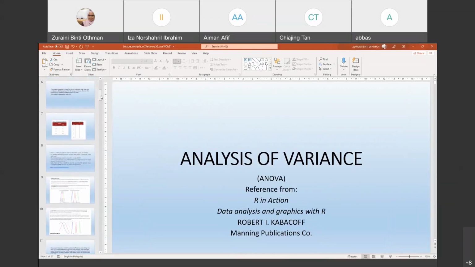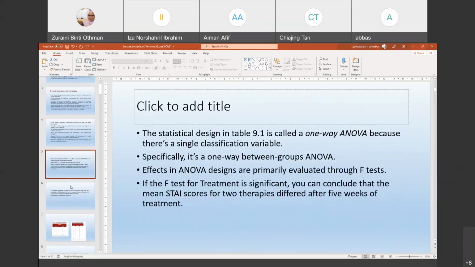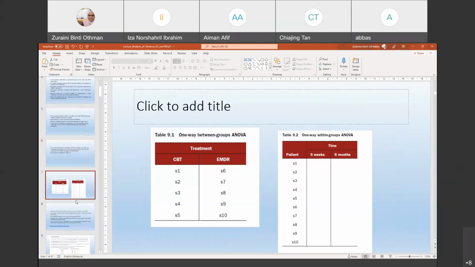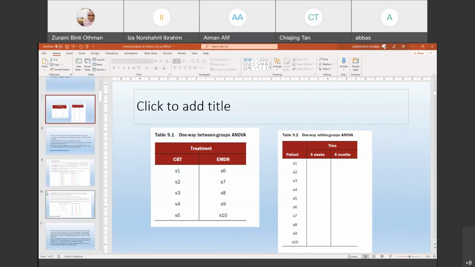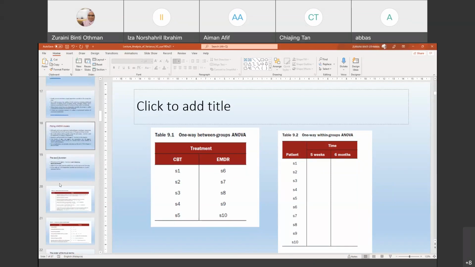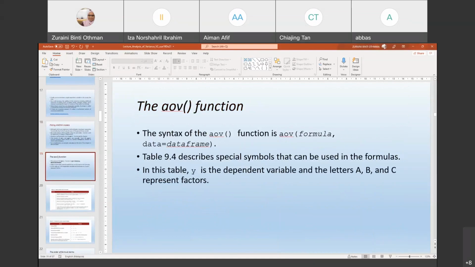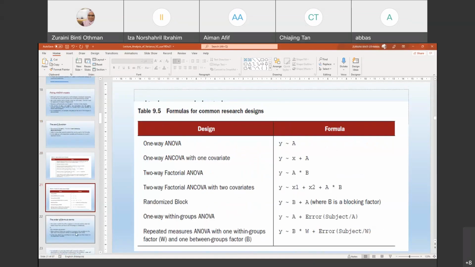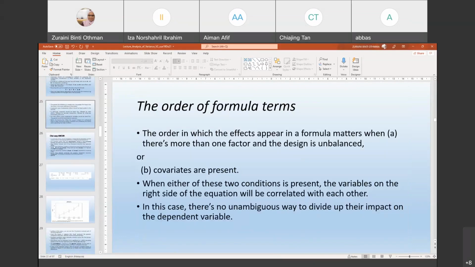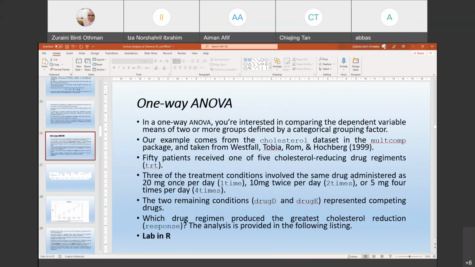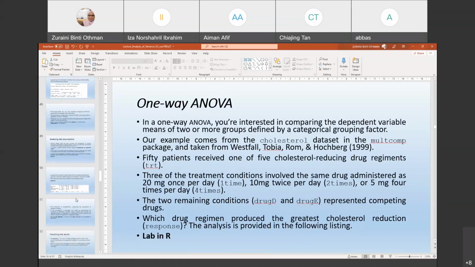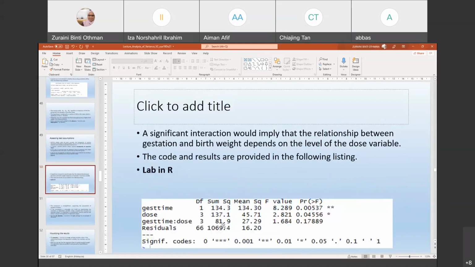In the first lecture just now, I already mentioned all the terms and the differences between one way, within group, between group and other terms. This experiment uses data to study the weight, under the condition where we want to know about the cholesterol reducing drug regimen, using 5 cholesterol reducing drug regimens, and until here, we get the significance.